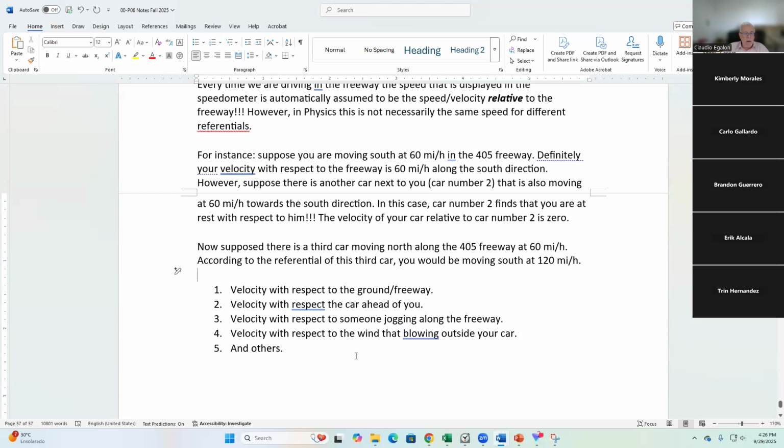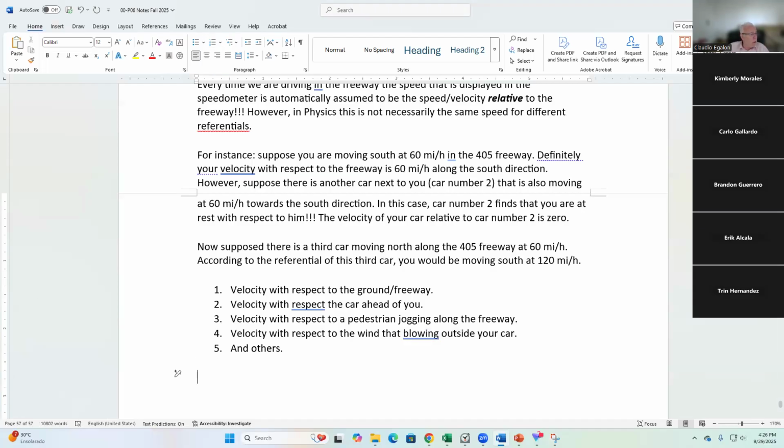Velocity of your car with respect to a pedestrian jogging along the freeway. You can have velocity with respect to the wind that's blowing outside your car and others. That's what this concept is all about.